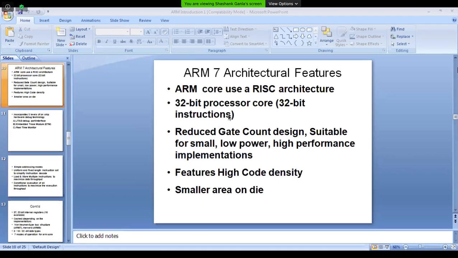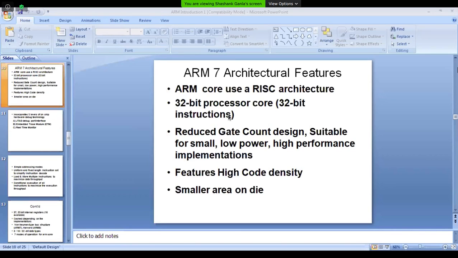So we have two instruction sets in ARM7 architecture: the 32-bit instruction set, in which every instruction is 32 bits in size, and the 16-bit instruction set, called the Thumb instruction set, in which every instruction is 16 bits in size. If I want a performance-oriented application, I will prefer to write it using the 32-bit instruction set.